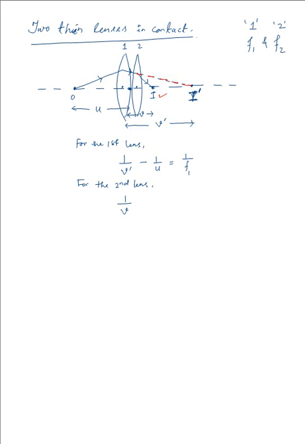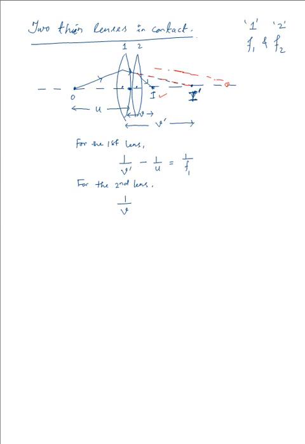Had that been directed to some other point, maybe along this direction, then the bending of that light ray would have been somewhere else on the principal axis. So what is determining is the direction of the light ray after getting refracted from the first lens itself.